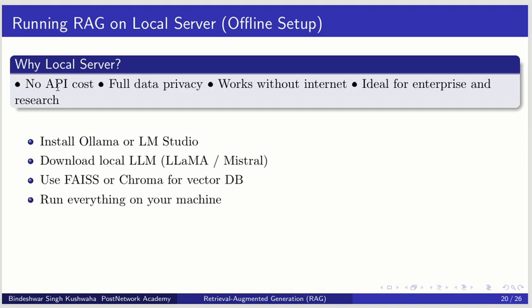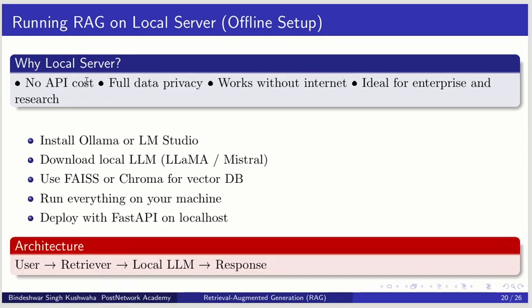Run everything on your machine. So that will ensure data privacy, no API cost, and that is very useful for research and development and also for enterprise applications. So deploy with FastAPI on localhost. So the architecture is basically user, retriever, give to local LLM and response.